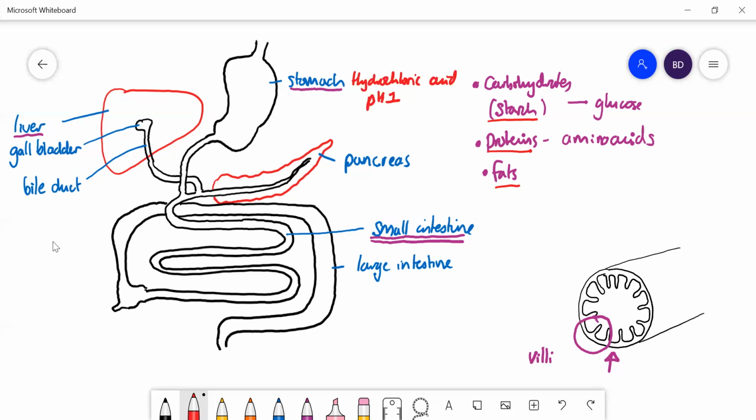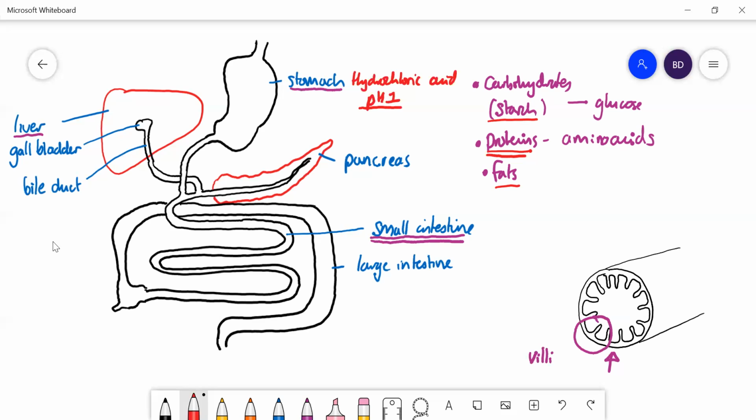Now, you also get a bit of digestion of proteins in the stomach, by an enzyme which the stomach makes called pepsin. I'll talk about that in a minute, but that is a very unusual enzyme because it works best at pH 1, whereas most enzymes we know work best at pH 7, neutral.